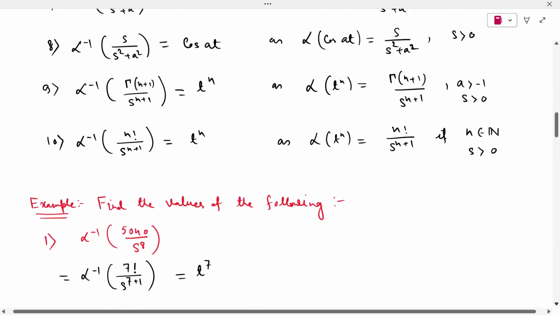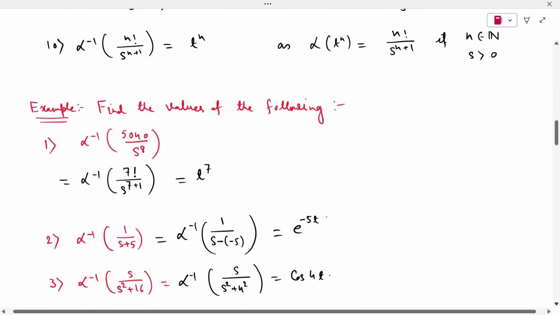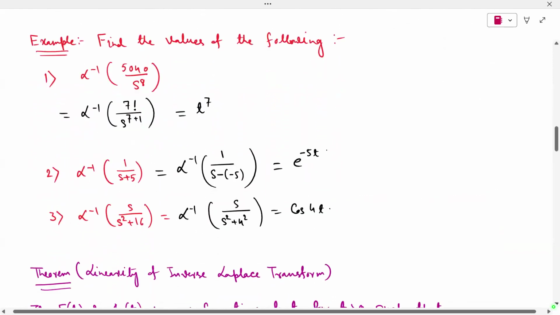Now check some examples. Find the values of the following. Laplace inverse of 5040 divided by s to the power 8. This 5040 can be written as 7 factorial divided by s to the power 7 plus 1. This is the Laplace transform of t to the power 7, so the Laplace inverse of this term will be t to the power 7.